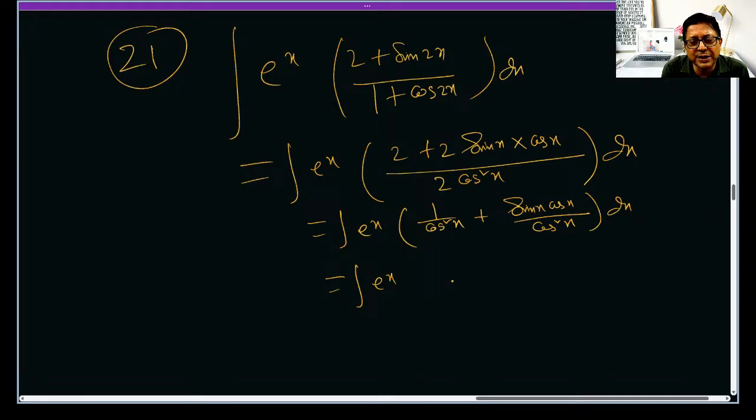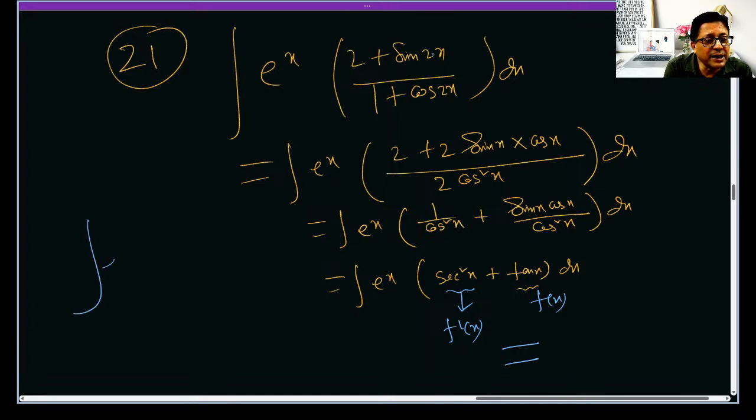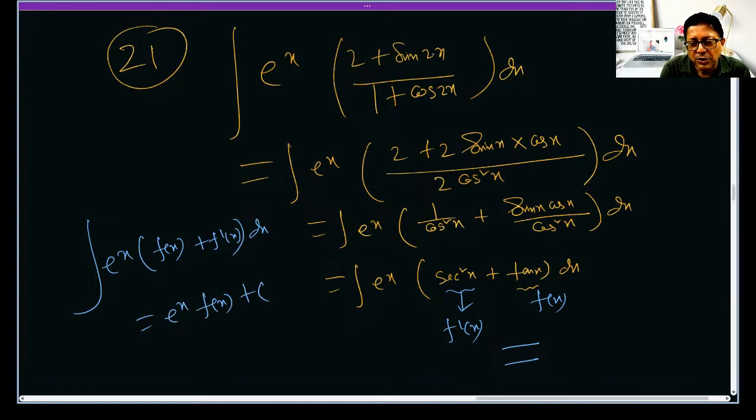So actually this is going to take this form, e to the power x into fx plus f dash x, sec square x plus tan x dx. If we take this part as fx, then this is going to be f dash x. So if the integrand is of this form, e to the power x into fx plus f dash x, you know its answer is, so here it is going to be e to the power x tan x plus c. Clear?